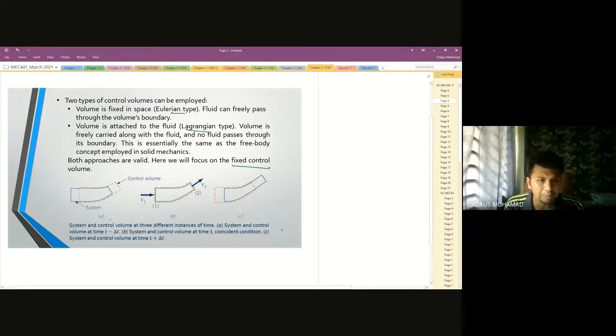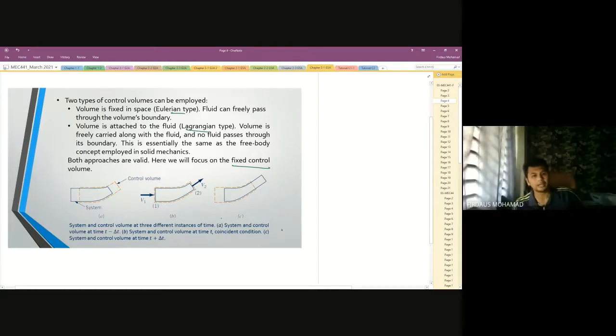Okay, so these three figures show the choice of control volume for the system. This is the system, and then this is the control volume. Okay, so kalau tengok B, system and control volume at time T coincide. Sekarang ni dia dah coincide with the system.